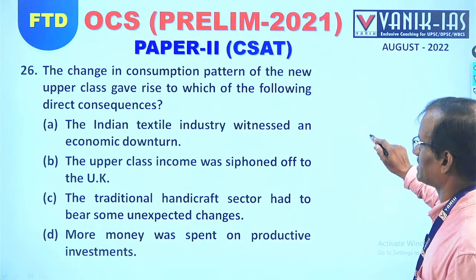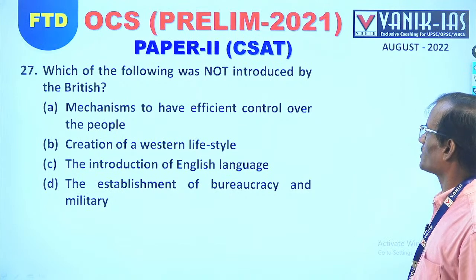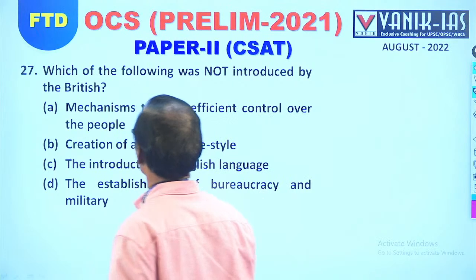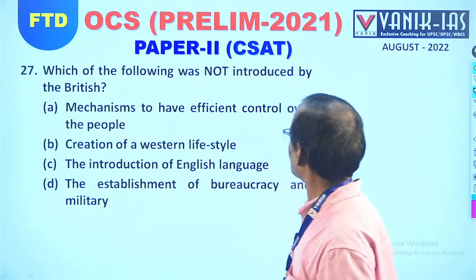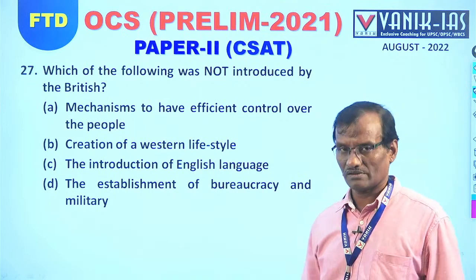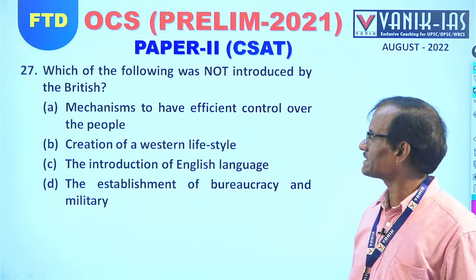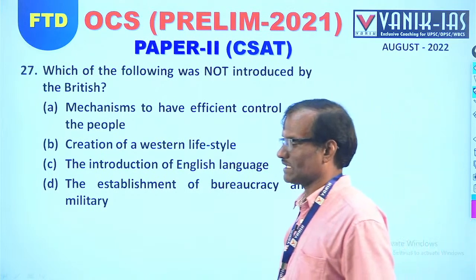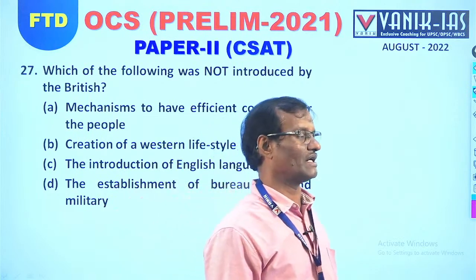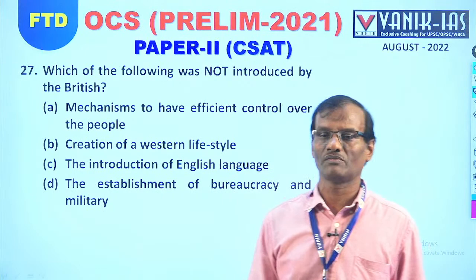We shall check it. Which of the following not introduced by the British? 27. Mechanism to have efficient control over the people. It was introduced. Creation of a Western lifestyle. See, that is not a perfect Western lifestyle because they considered Indians inferior to them.